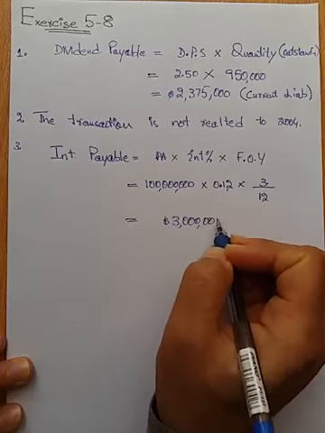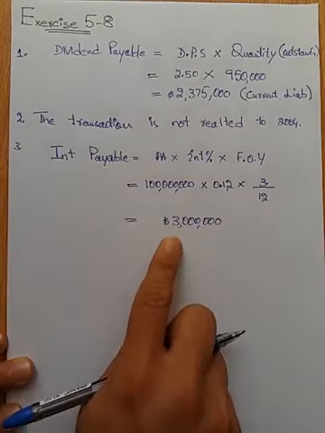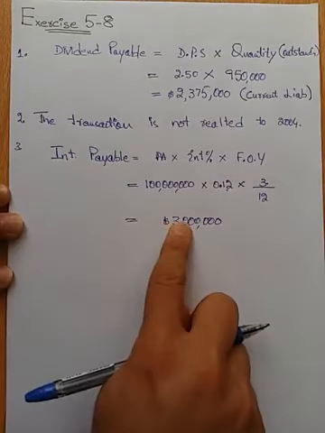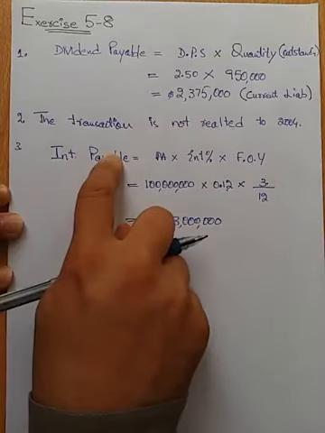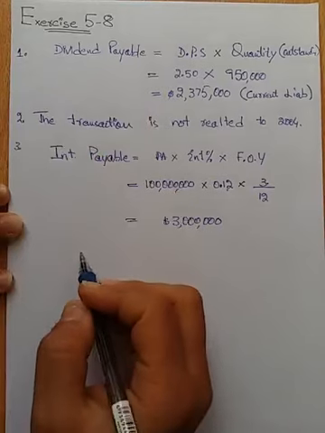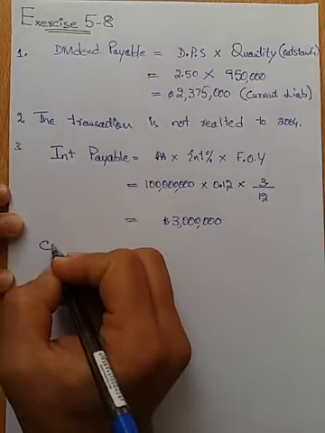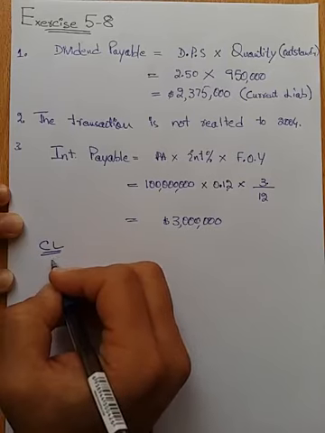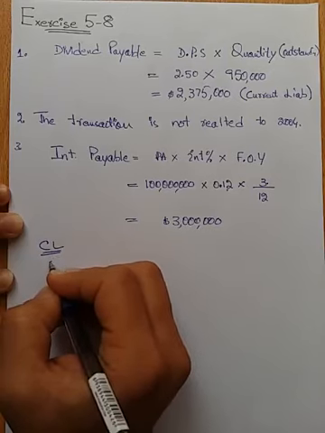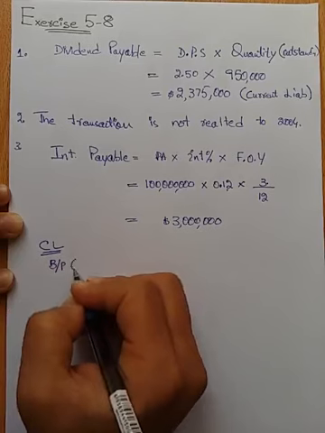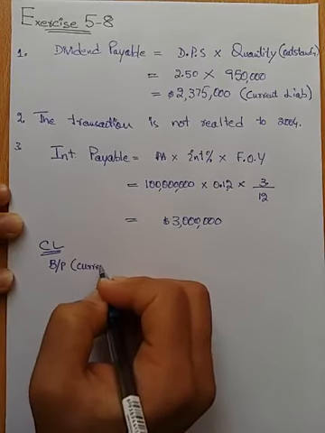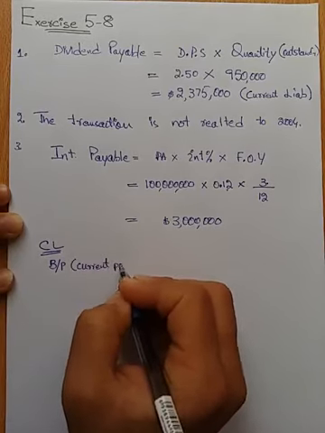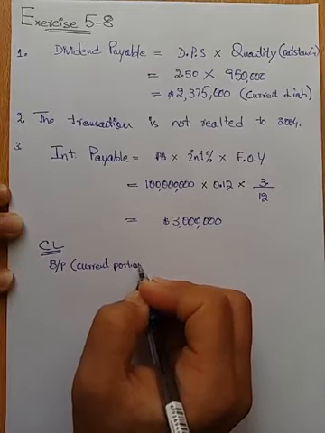So it means that for these 3 months we're going to have $3 million interest payable, which is an expense but not paid, so it becomes payable. So if I make the current liability section of this company, I'm going to write here the current liability, the bond payable, and just as a reminder, I will write here current portion, meaning the portion of less than 1 year.